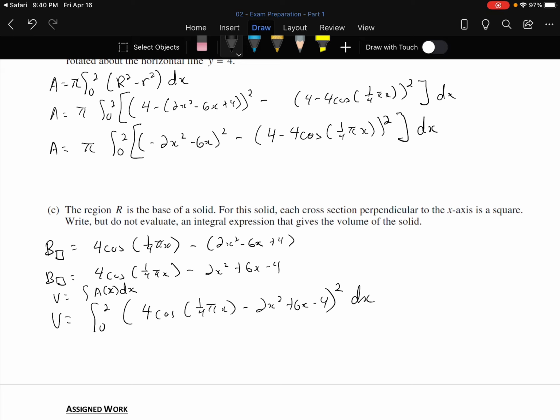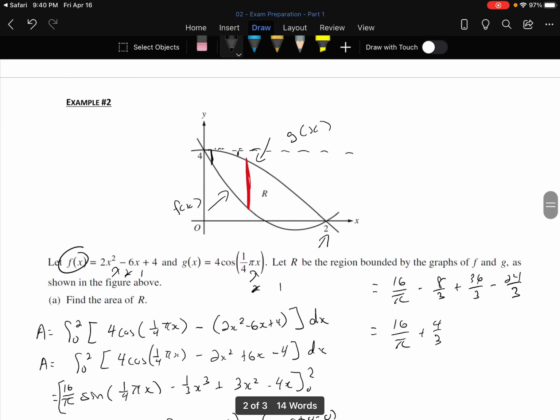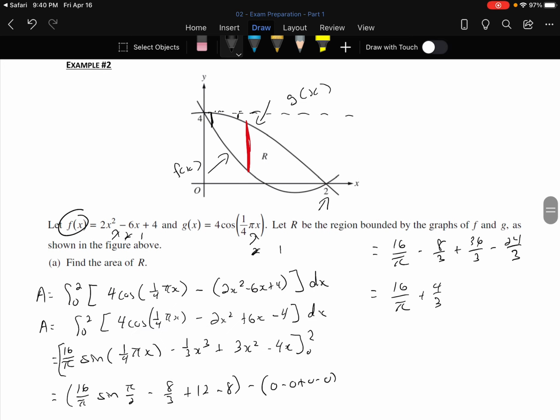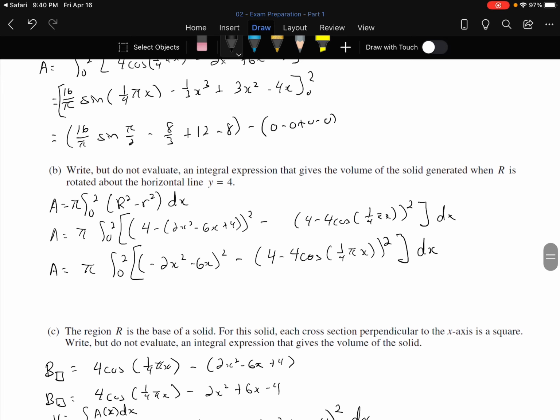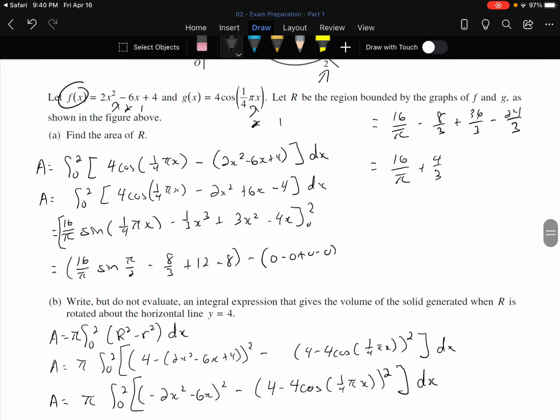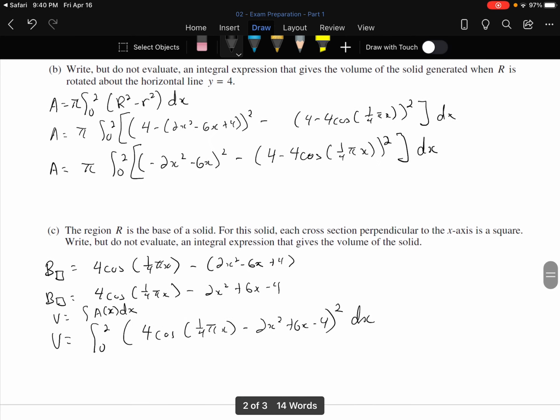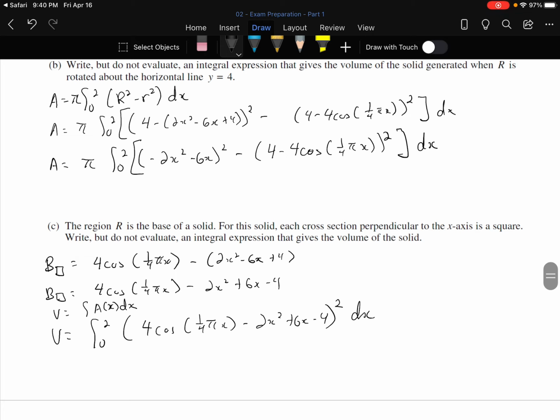Okay, so the idea being is that we've focused on two types of questions you might run into: table of values, and one of these questions that's areas that has a washer in it and a regular integral in it as well. And sometimes you just have to write the expression for the integral but not actually evaluate it. And in the next video, I'll go through some ones where you have to use your calculator to evaluate.